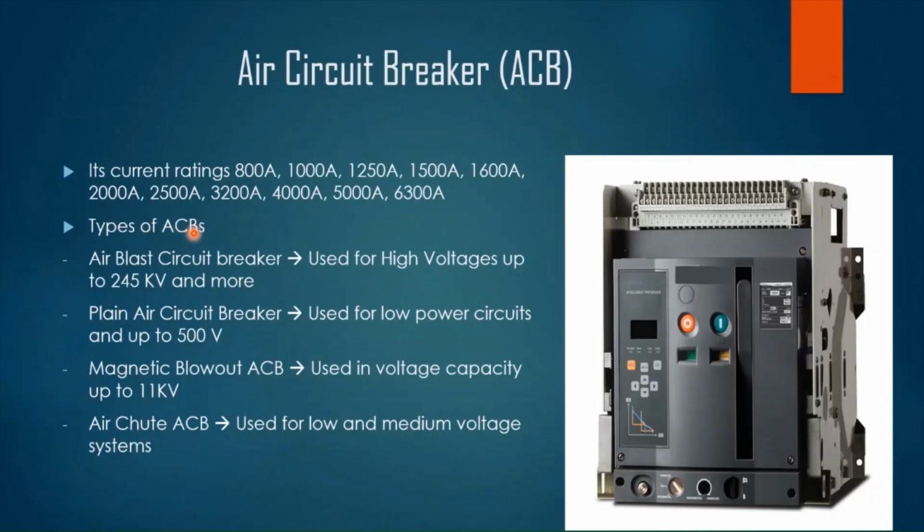Types of air circuit breakers include the air blast circuit breaker, which is used for high voltages up to 245 kilovolts and even more. The plain air circuit breaker, which is used for low power circuits and up to 500 volts. The magnetic blowout air circuit breaker, which is used in voltage capacity up to 11 kilovolts. And finally, the air chute air circuit breaker, which is used for low and medium voltage systems.